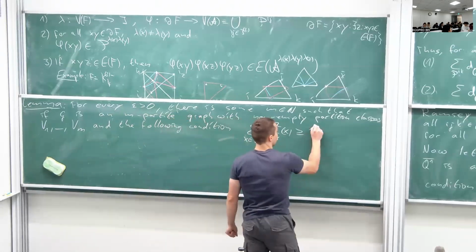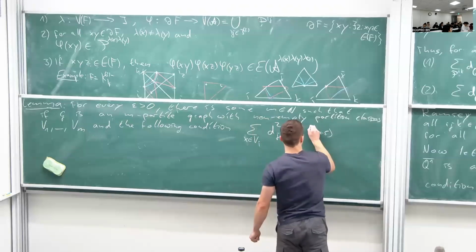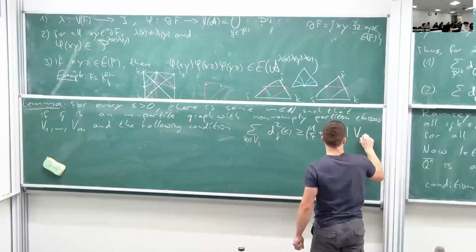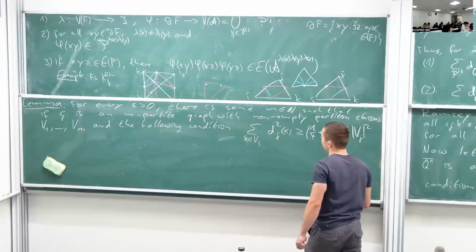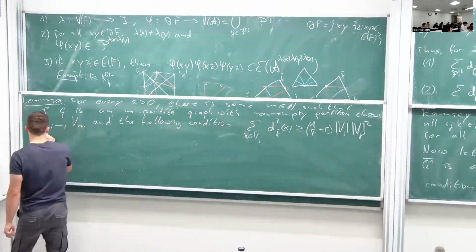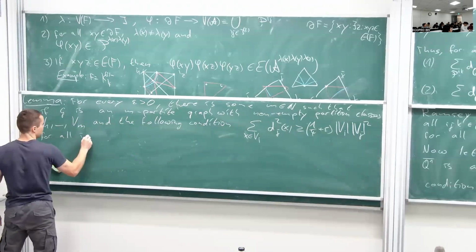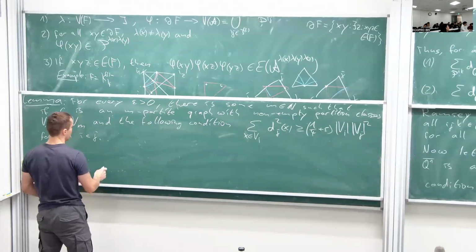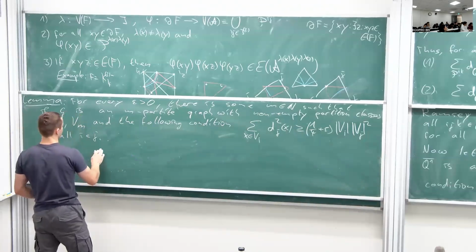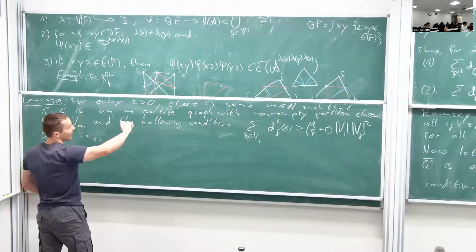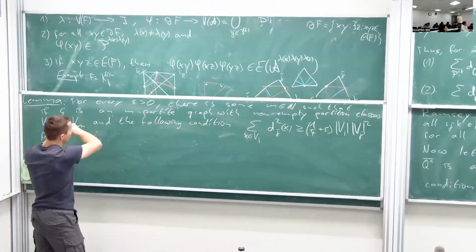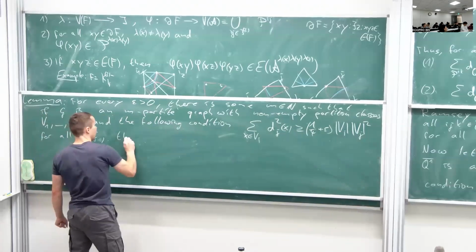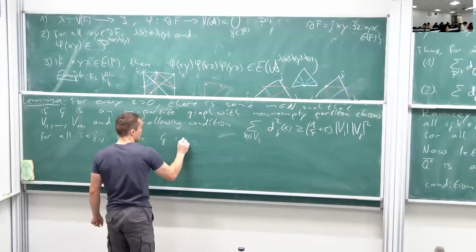Then this should be greater or equal than 1/4 plus epsilon times the size of Vi times the size of Vj squared for all i smaller than j. So we have this m such that if G has these properties, then G contains a triangle.